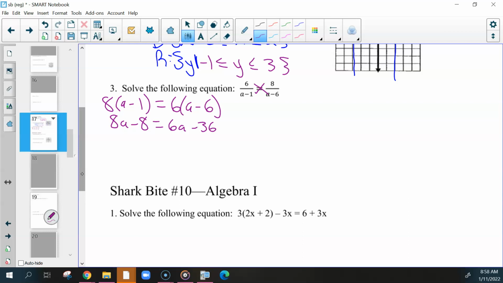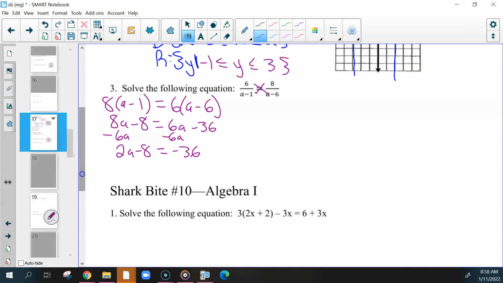Here we know that we're going to get one solution because our constants are different and our coefficients are different. Take whatever you want to move and move it. Let's say I move my 6a over by subtracting. Then I have 2a minus 8 equals -36.